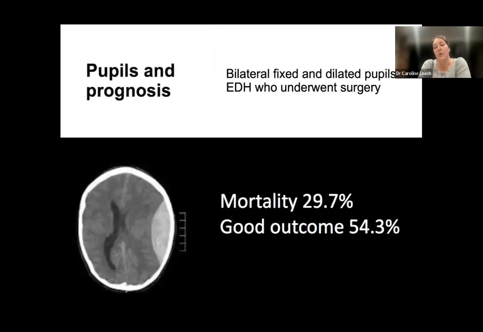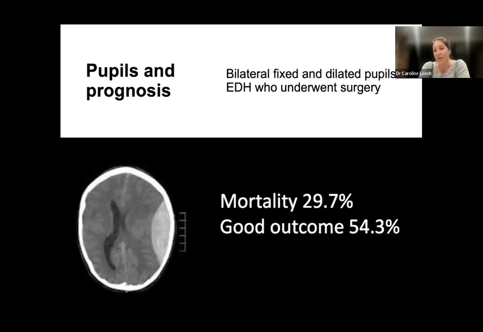And this is quite important. This was a paper published by Mark Wilson quite a while ago now. We're always taught that if you've got fixed dilated pupils, you're a goner. That's not actually the case. These are patients who've had an extradural haemorrhage. The reason that's important is the bleed's outside the brain, so whilst it's compressing, the brain tissue itself is not damaged. So there is a chance of recovery if you can decompress.